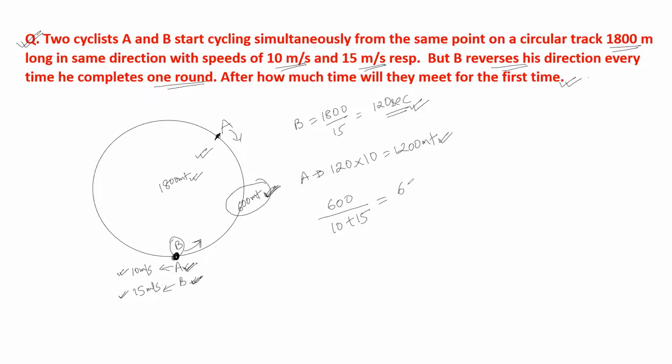So this time would be simply 600 upon 25, which will give us 24 seconds. So the total time after which they will meet for the first time would be simply 120 seconds plus 24 seconds, which would be 144 seconds.